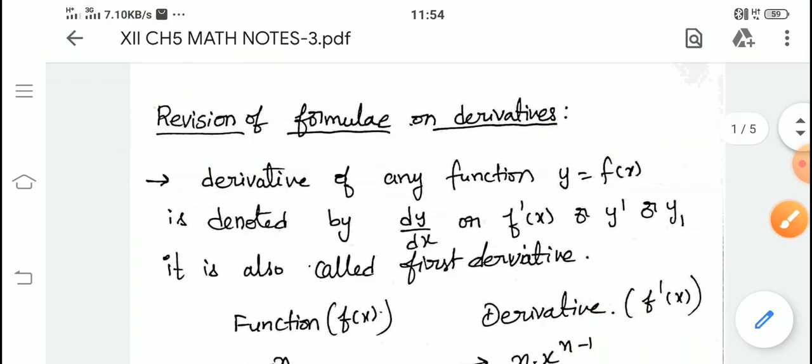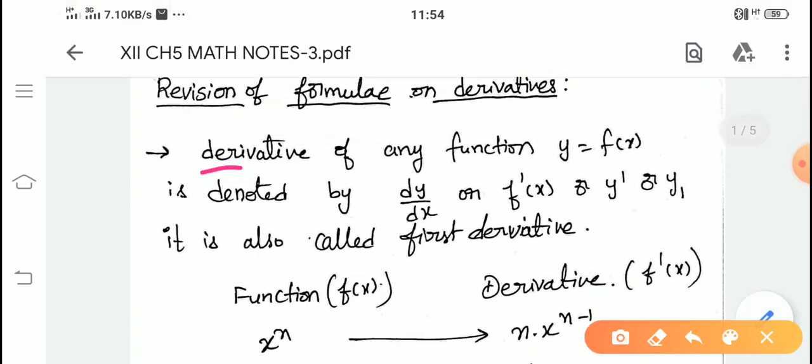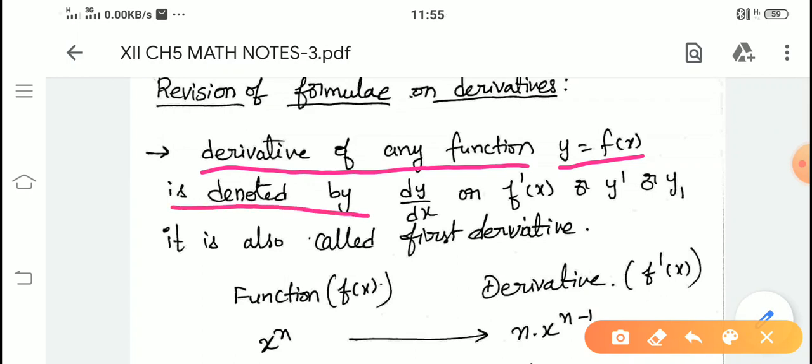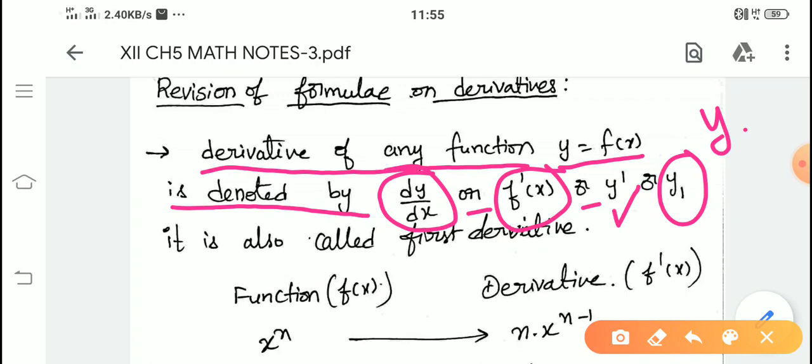Now the very first thing you should know is that the derivative of any function y is equal to f of x is denoted by dy by dx or f dash of x or y dash or y1. This means we can denote the derivative of a function in many ways. All these ways we use in problems, so you should not face any problem.